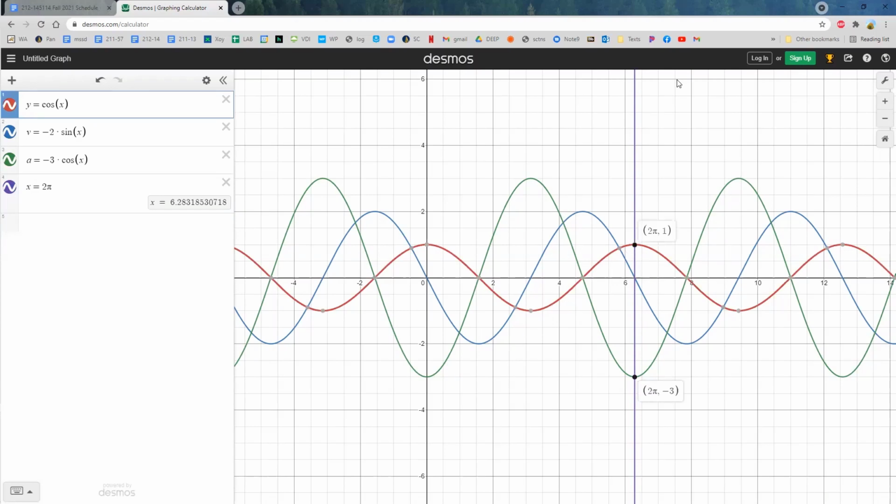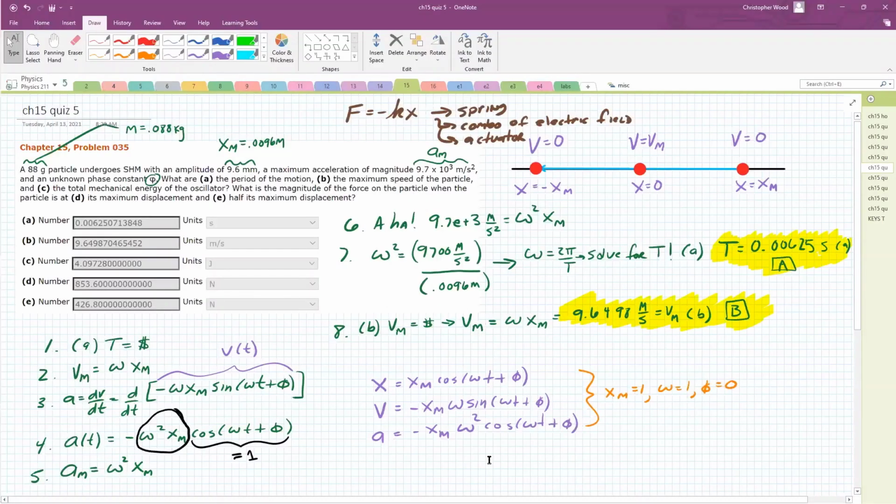So if I go back to my visual, I can now safely say at this point, I have, for my acceleration, A equals A max. And this is A equals negative A max.